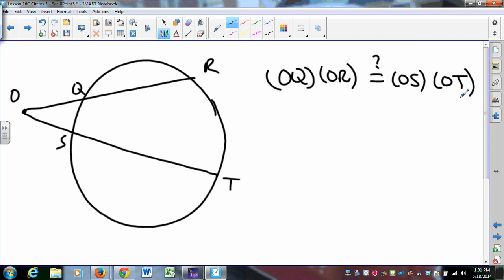Again, similar triangles will be the key. You will be able to do that. You just have to draw in the right segments to get triangles that are in fact similar. Because when I see products like this, I think that these came from proportions. And when I see things that look like they came from proportions, I think, there must be similar triangles involved.